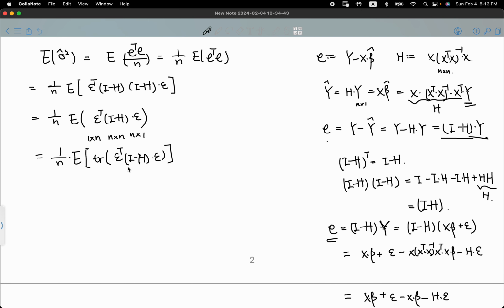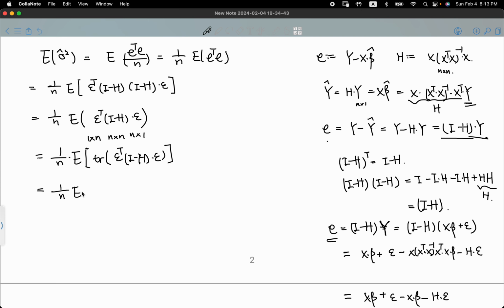The trace of a scalar is the scalar, so that's why we are adding a trace operation here.